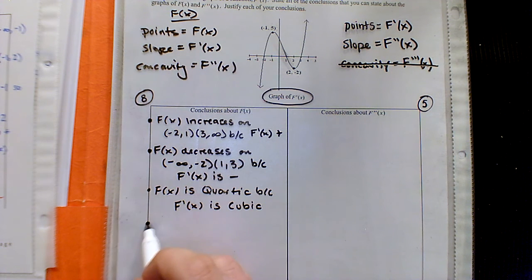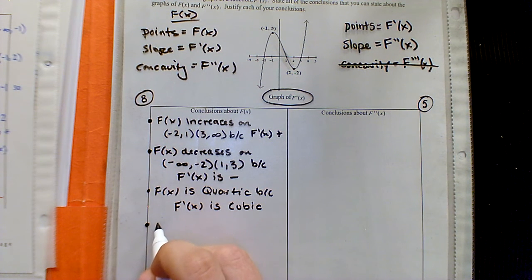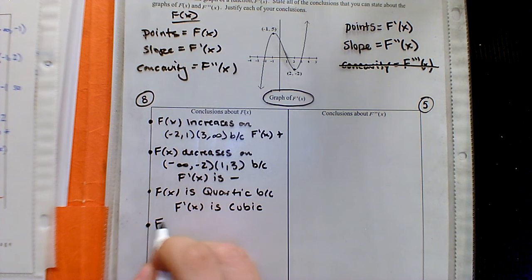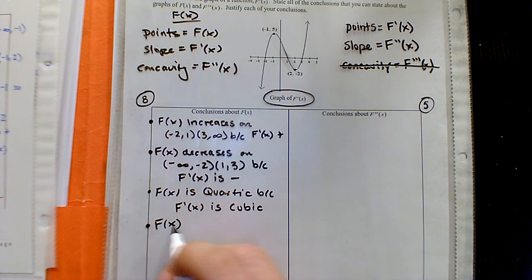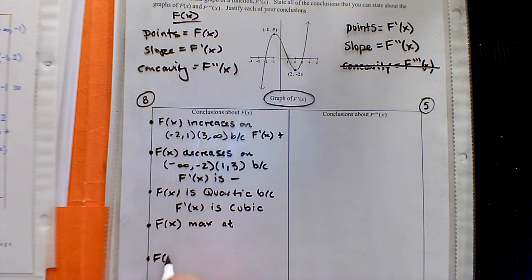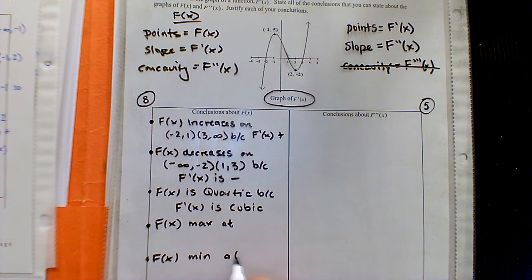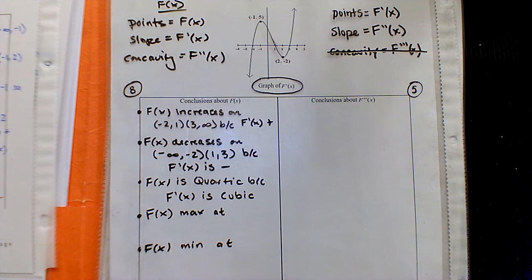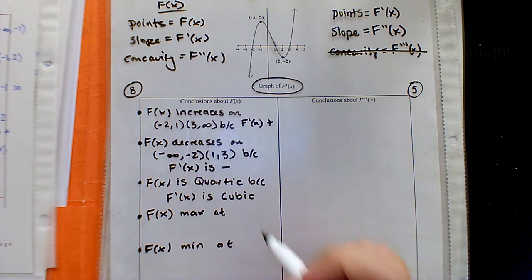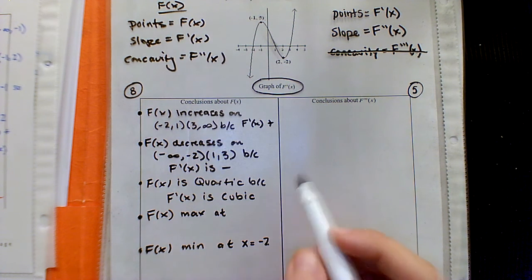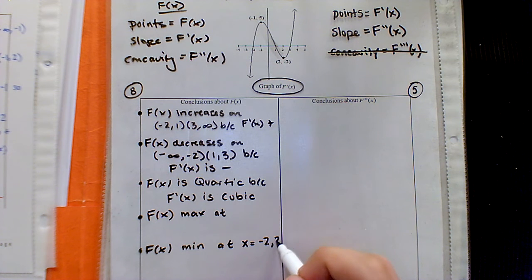Good, Megan? There are maxes and mins at -2, 1, and 3. So f of x has a max at, and then f of x has a min at. Can we distinguish between the two of them? Christian? You have a minimum at -2 because the slope goes from negative to positive. The same thing happens at 3 for the same reason.